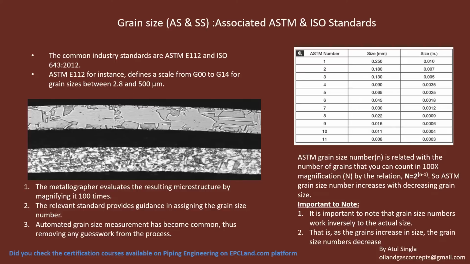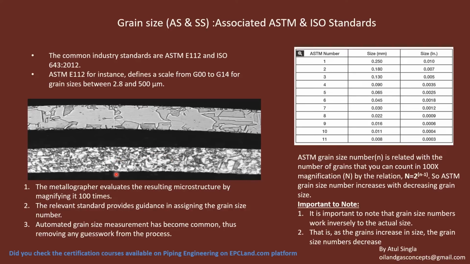Then we will relate these surface pictures of the material structures with the pictures given in ASTM E112. Once we compare these structures with the pictures given in ASTM, we will evaluate the range of grain size. The relevant standard provides guidance in assigning the grain size.